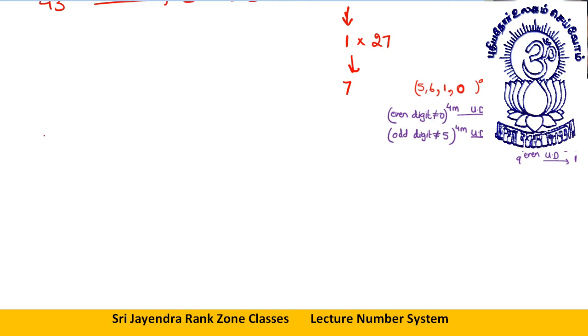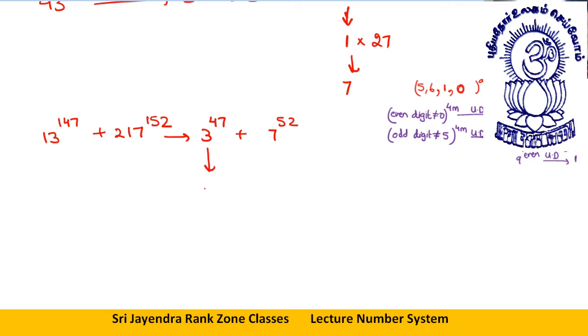Suppose I say 13 raised to power 147 plus 17 raised to power 152. Find the unit digit. Here what I'll be doing is 3 raised to power 47, let's say this is 217, plus 7 raised to power 52.